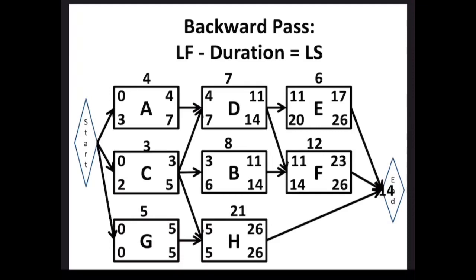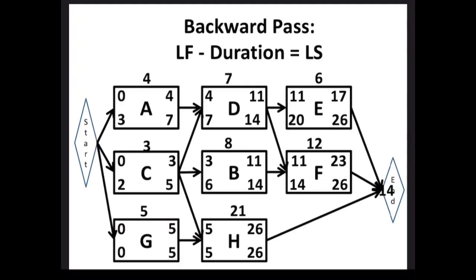The float is the difference between the top and the bottom. We have 9 days of float, okay? So the difference between the top and the bottom is 9 in this case, okay?